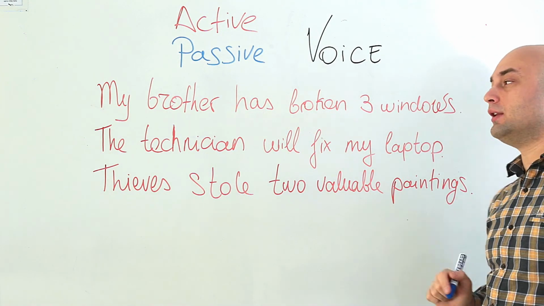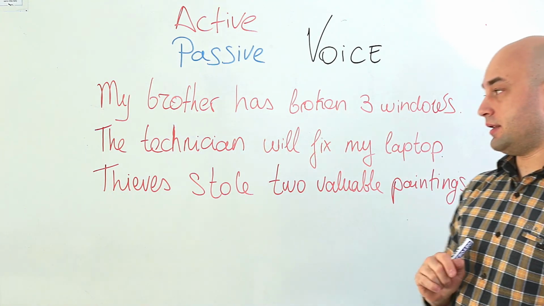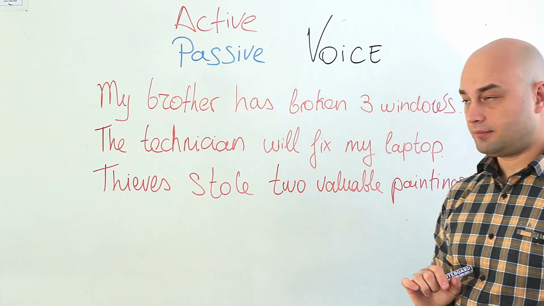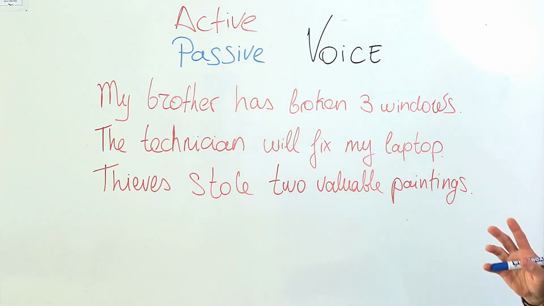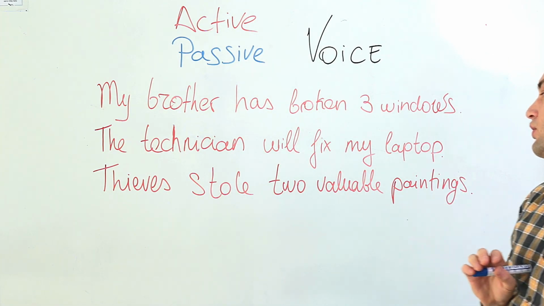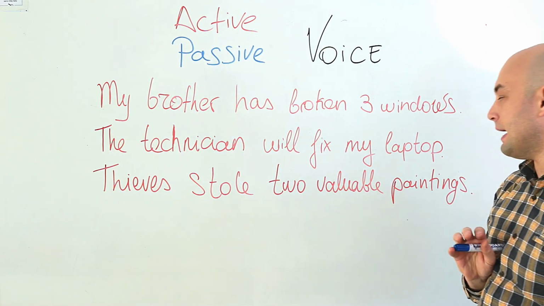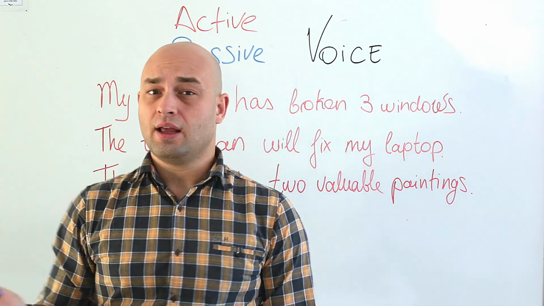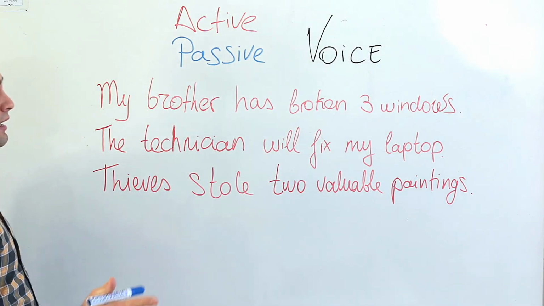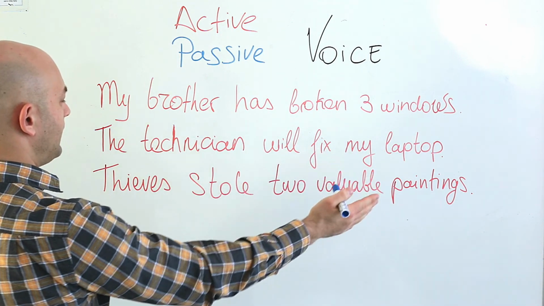So just have a quick look at the 3 sentences I've given you, yeah? My brother has broken 3 windows, the technician will fix my laptop, and thieves stole 2 valuable paintings. So these are normal sentences, in different verb tenses: has broken, will fix, and stole.